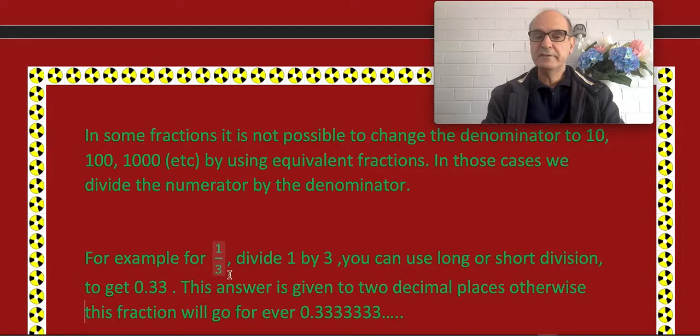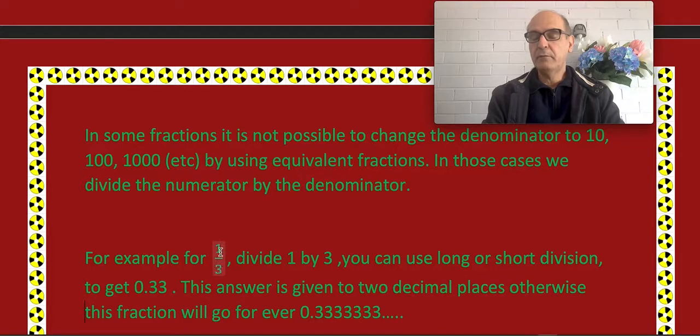In those cases where you cannot change your denominator to 10 or 100 or 1000 by timesing by a number, what you need to do is divide the numerator by the denominator. Remember that a fraction also means division.